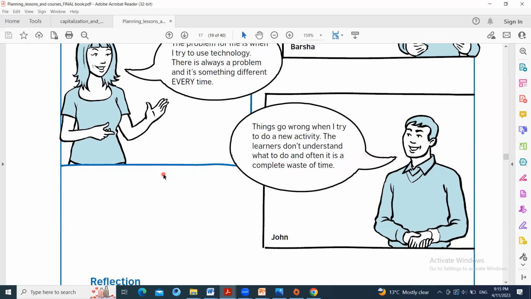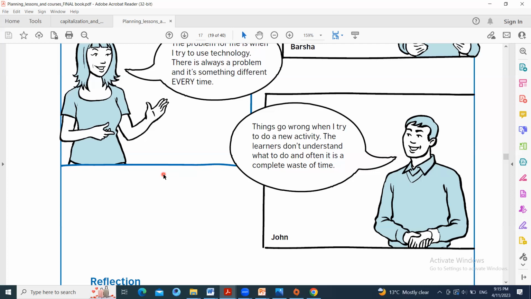Nan, always set up and test the equipment, internet, or even websites, etc., before the lesson starts. Ask learners who are confident about using technology to help you.